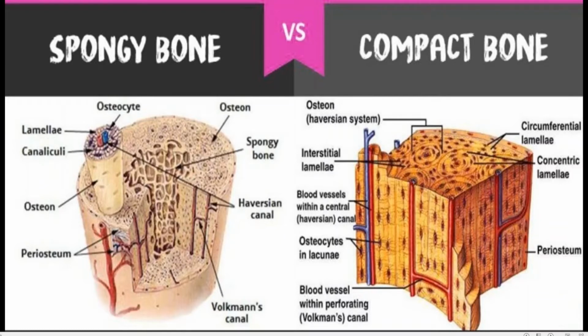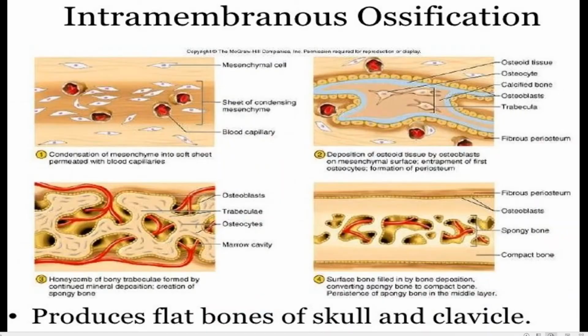And we have two processes involved for bone formation. So we have intramembranous ossification, in which the bone develops directly from osteoblasts that produce the osteoid matrix. Initially, the spongy bone consists of trabeculae.